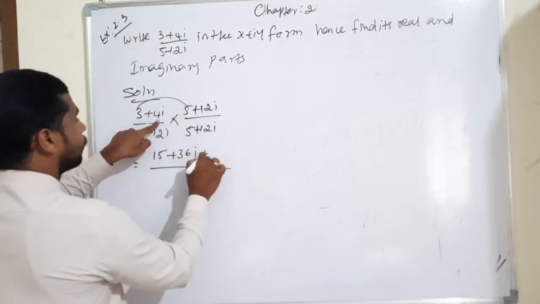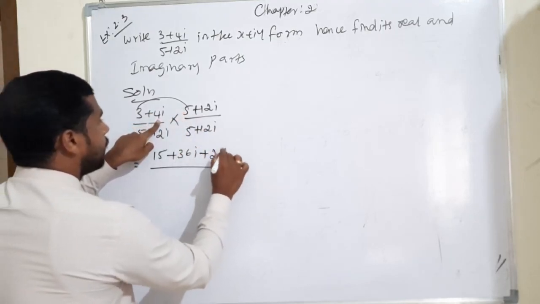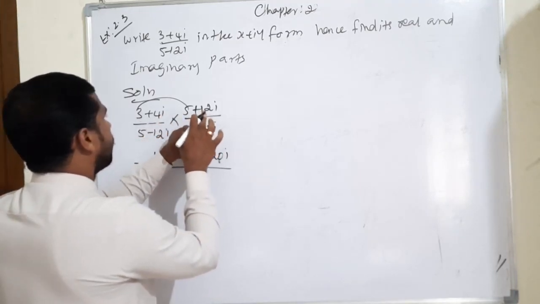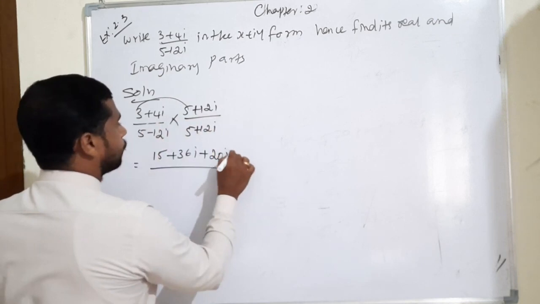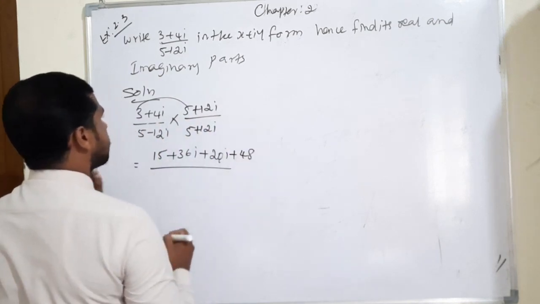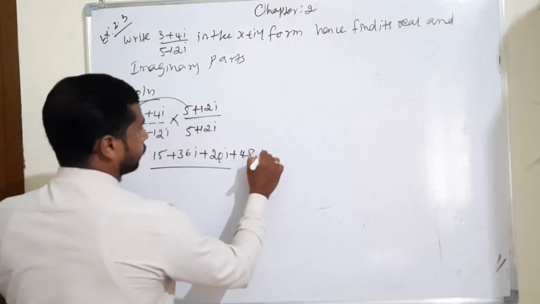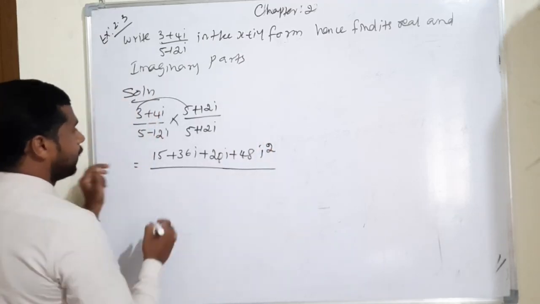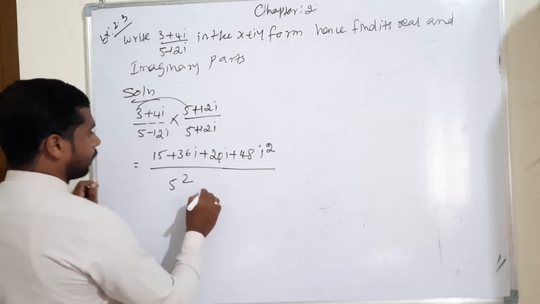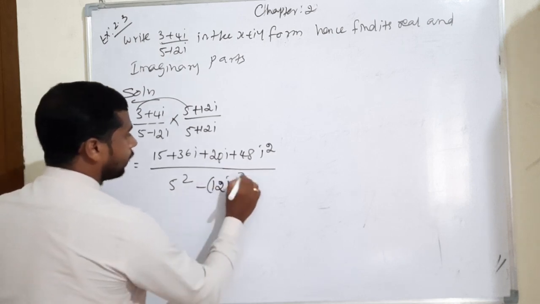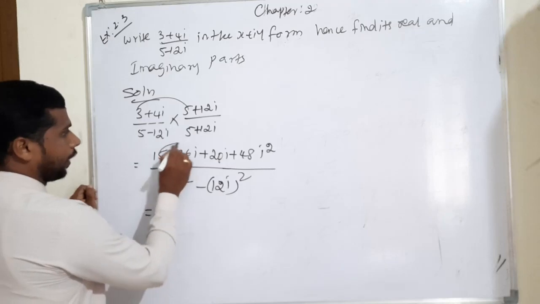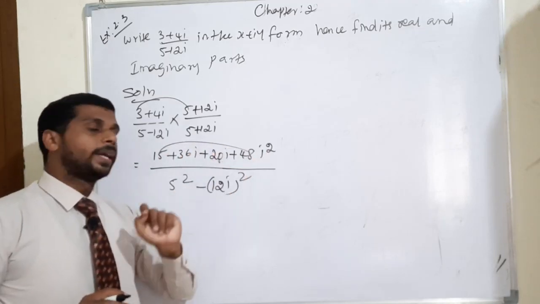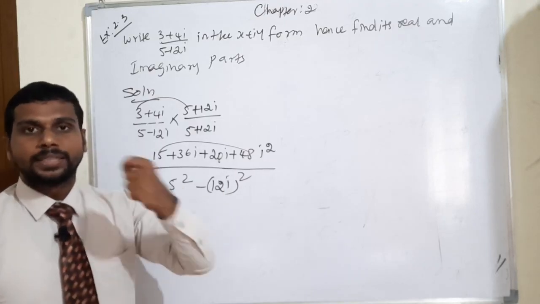Again 5 into 4 is 20i. Next, 12 into 4 is 48, so plus 48 i square. The denominator, a plus b into a minus b form, is 5 square minus 12i the whole square. Look at the last term: because i square means minus 1, minus 1 into plus 48 means minus 48.